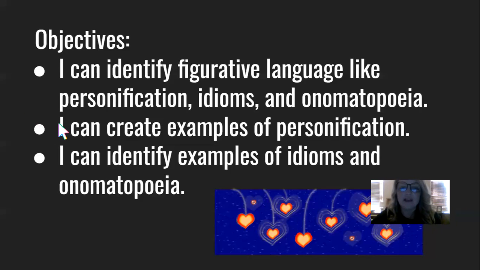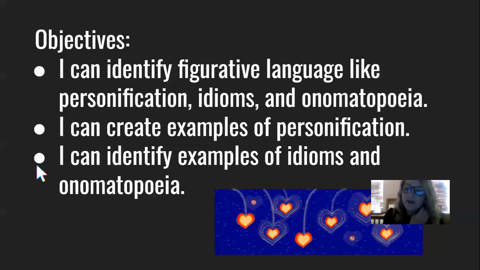Okay, I can create examples of personification. So with your little concept map, you were thinking of an example of personification, talking about what it was and why it was personification. That was your example of something that was given human traits, and the author or whoever used personification, maybe it was in a movie, right?